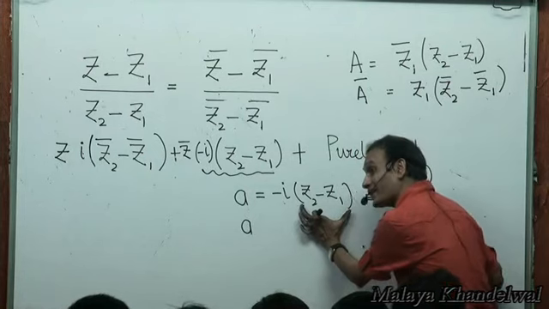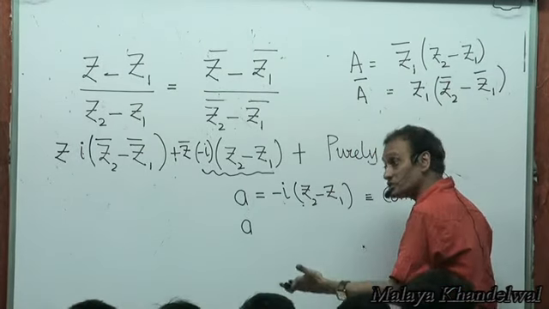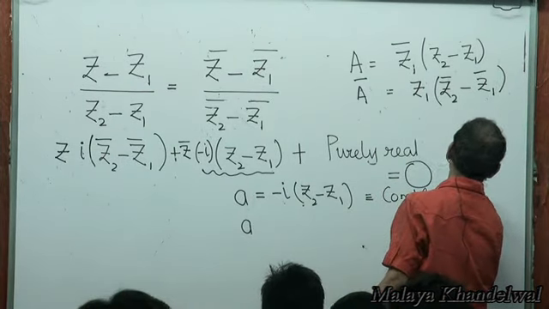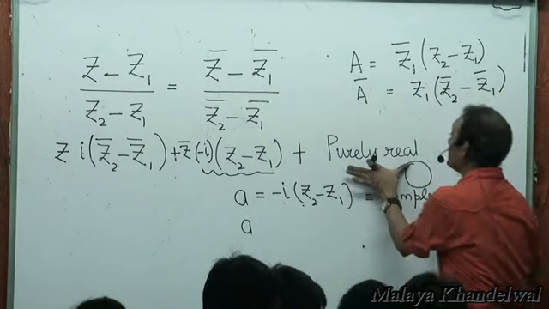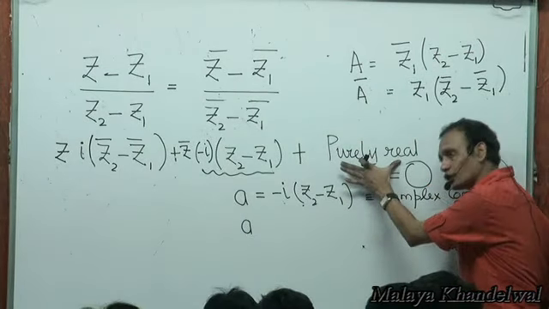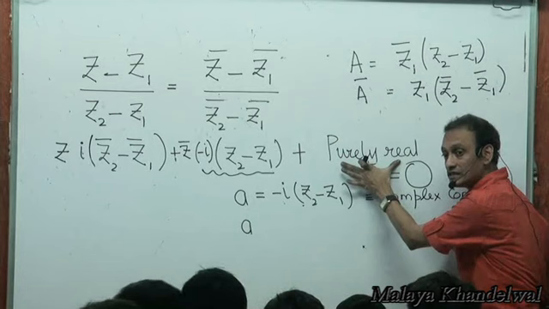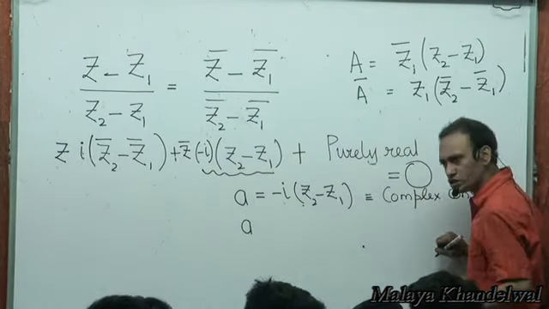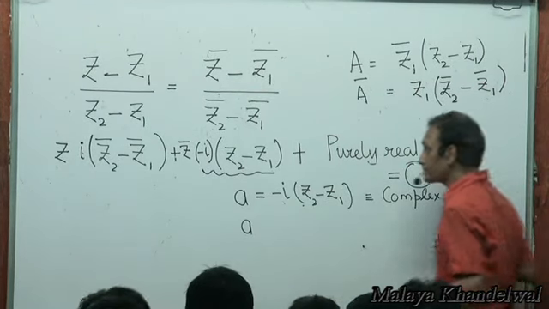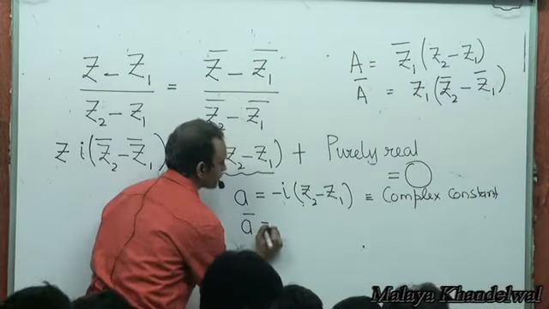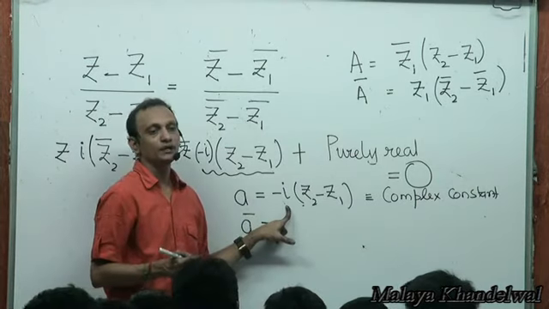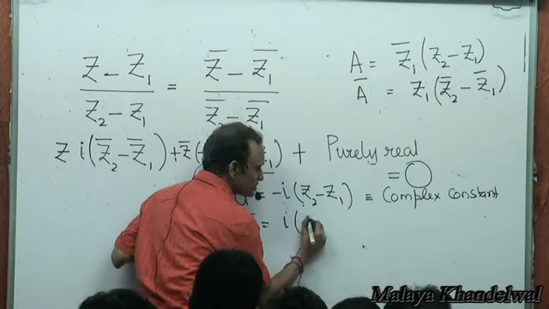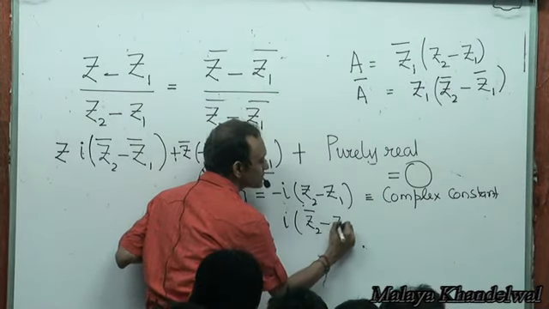In fact, you want to call it a complex constant because z1, z2 are constants. Minus i is a constant. This purely real number would have been a real constant because this only involves z1 and z2. This A is a complex constant. Right? So if I took A bar, then bar of minus i would be simply i, into bar of this, which is z2 bar minus z1 bar.